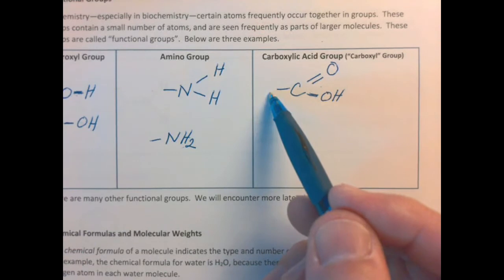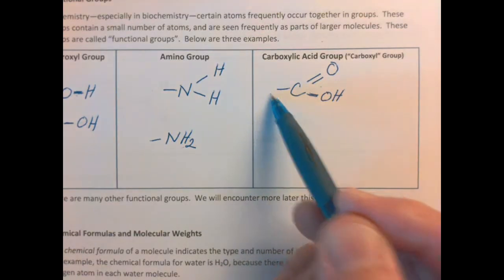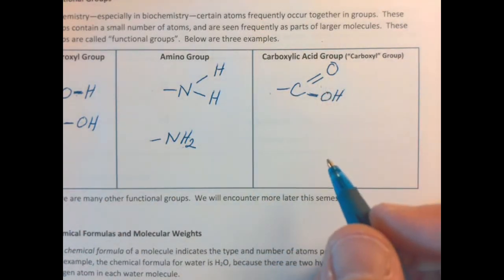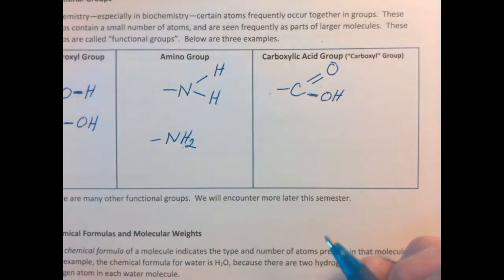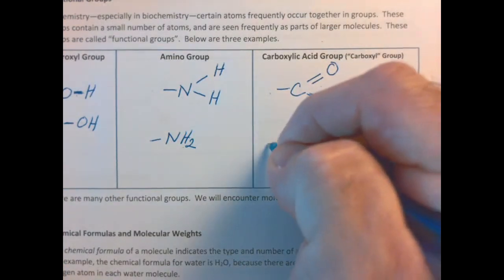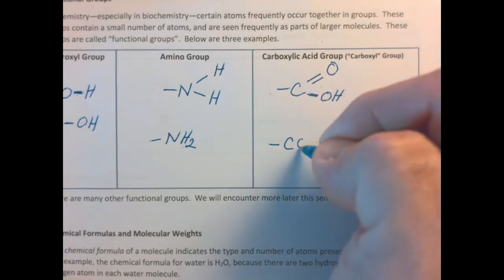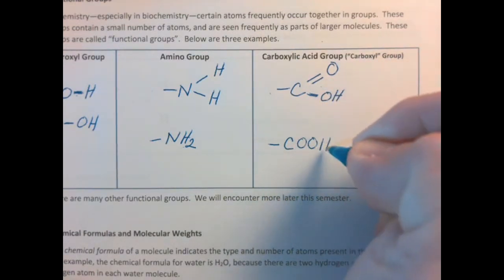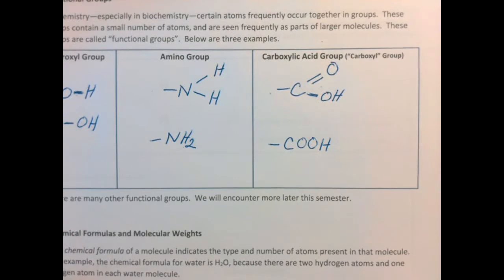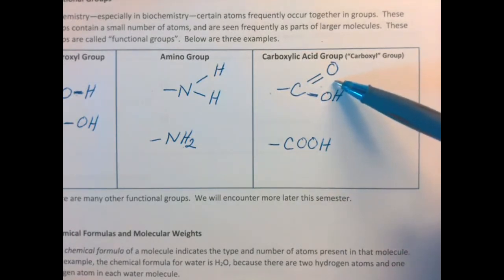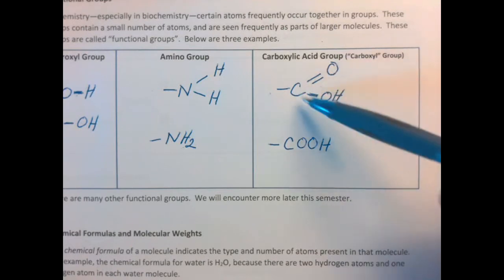If you want to put an R there, you can. You don't have to. And then finally, there's still another way to draw this, again a shorthand way. I can say, well, we've got the carbon, and there's two oxygens and a hydrogen. What if we just do this? That's a way to draw a carboxyl group, because there's really no other way to arrange these things properly except the way you see here.